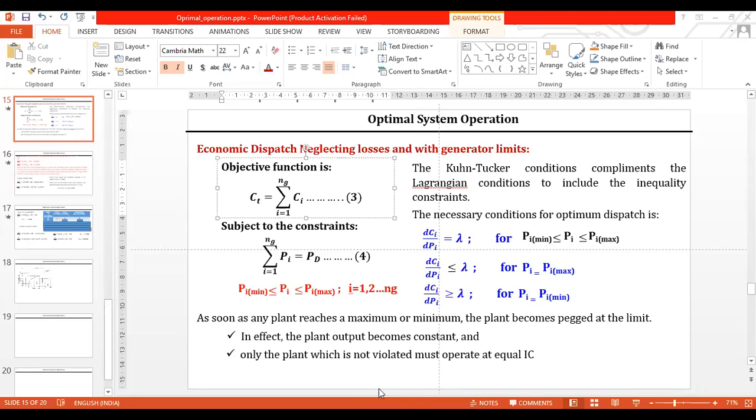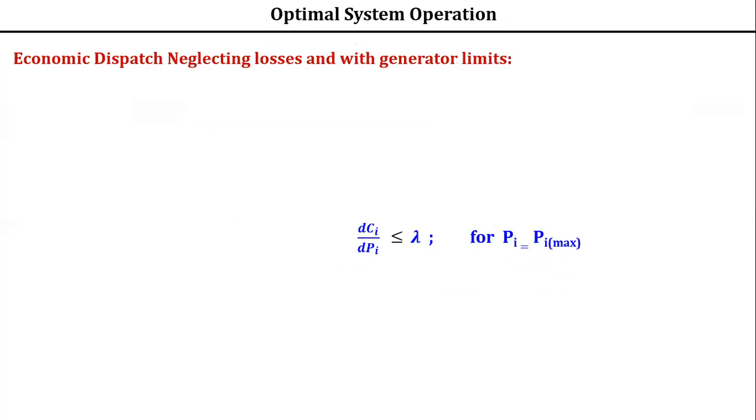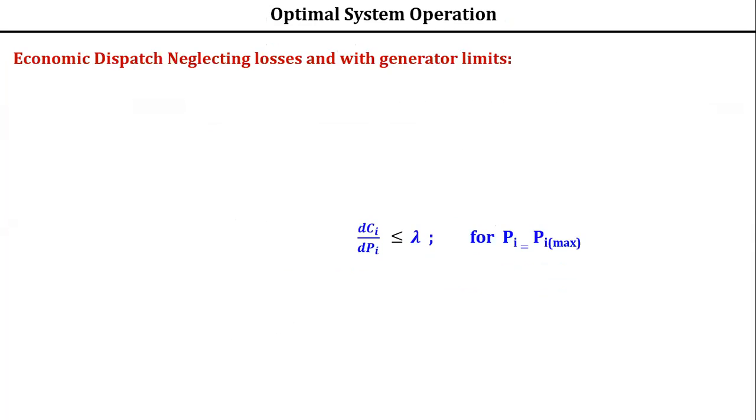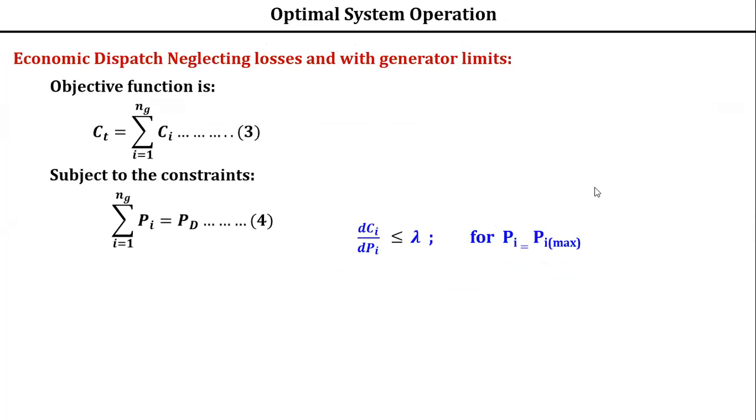So, in the last class, we were discussing economic dispatch, neglecting losses, but with generator limits. This is what we were discussing, isn't it? So, in this one, you can see these are the two constraints we have considered.